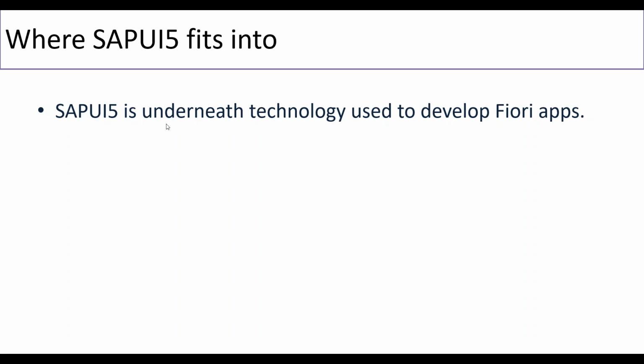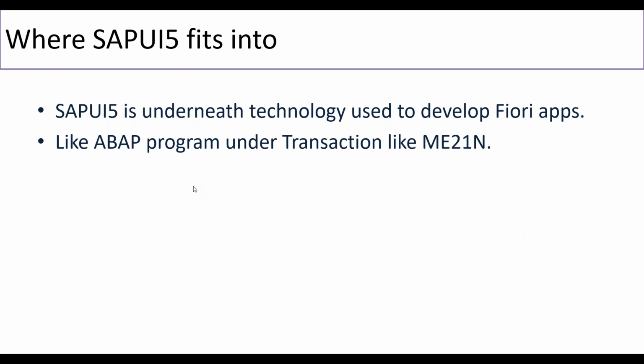Right. So UI5 is a technology. Maybe it's a big mess for us initially. Let us take ME21N. What is that? Isn't it a module pool program? I don't know ABAP. When you say module pool program, I will ask, then what is ABAP?